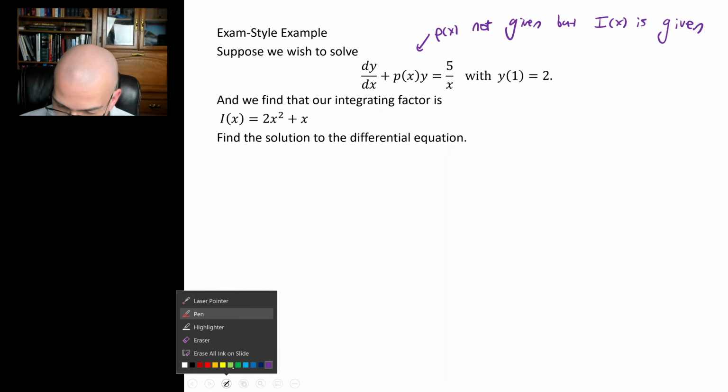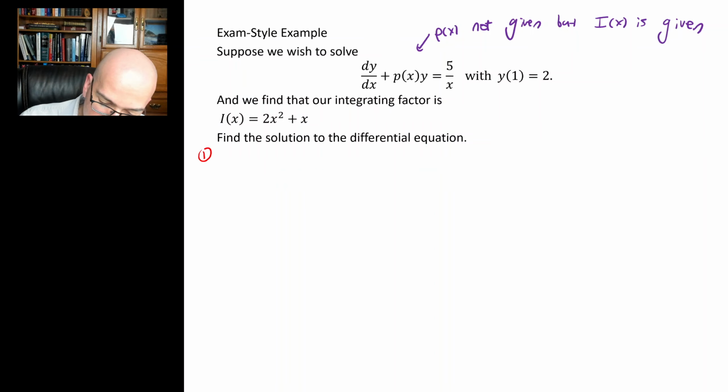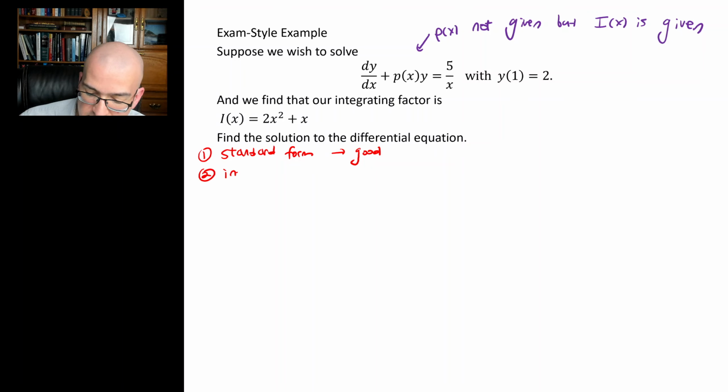So step 1, standard form, is already there. Step 2, integrating factor. That was a gift.